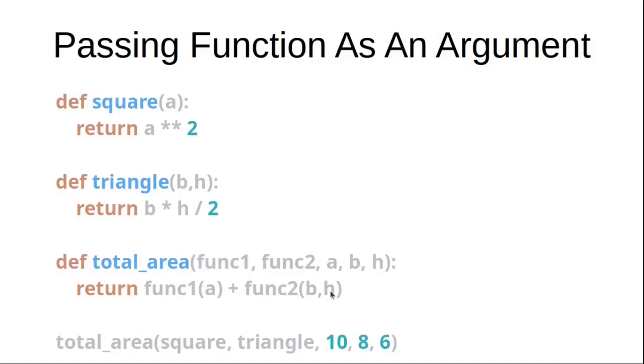To call the total area function in the last line, I use the names of the functions I want to call, that is square and triangle, and three more parameters.